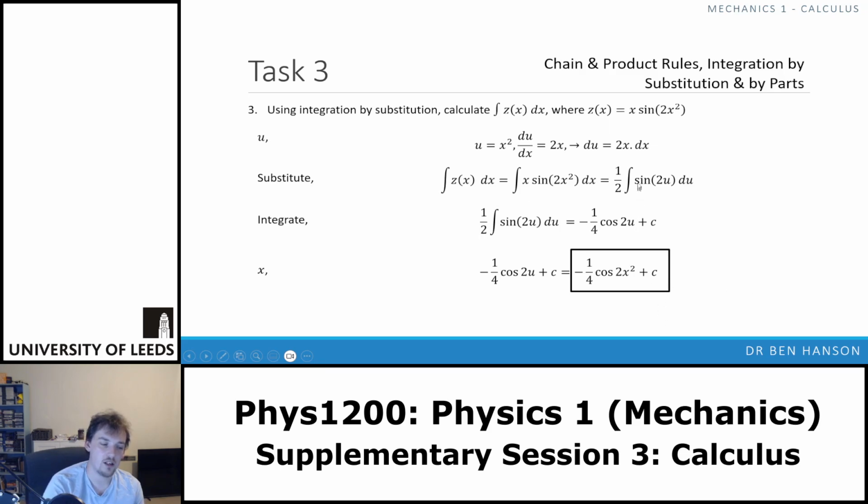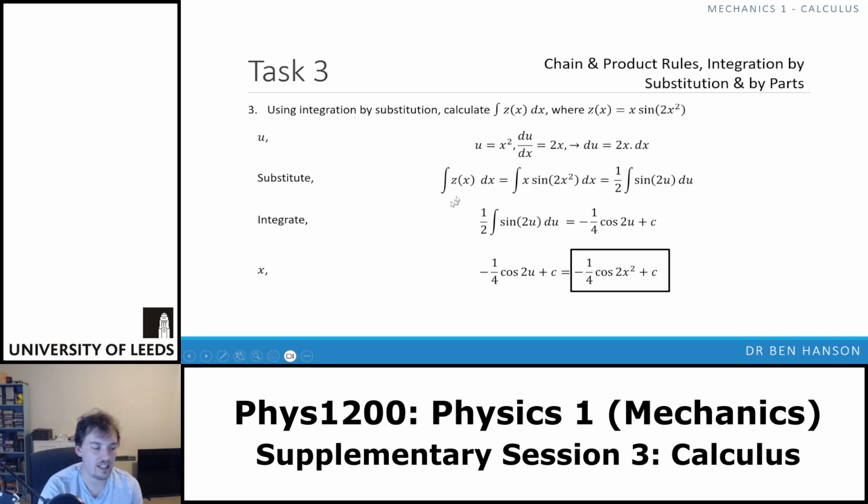Just a little bit of a note, if you calculate a definite integral where we integrate by substitution, then when we change from x to u, we also need to change our limits to the equivalent u values. Because if you think about it, we're integrating here over x space.